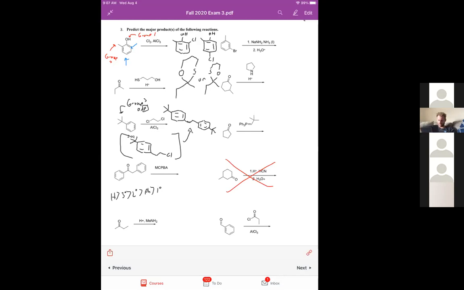So we have phenyl on this side, and we have secondary here. So it should favor the secondary side. We're going to do an oxygen insertion. And it should give us this ester. I think this is one where the key is marked wrong. It shows it on the other side, but it should insert into this end.